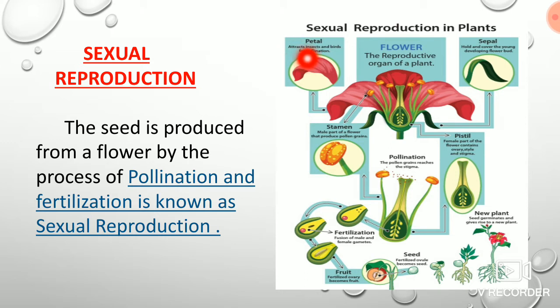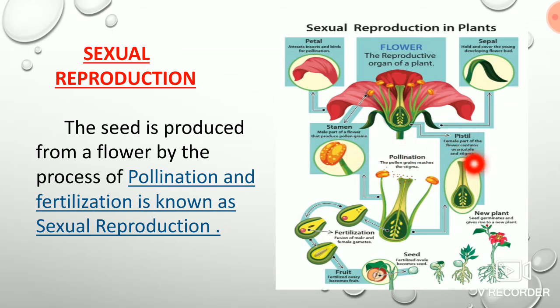Petals. The attractive part of a plant which attracts insects and birds for pollination. Sepal. It holds and covers the young developing flower bud. Stamen. It is the male part of a flower that produces pollen grains.